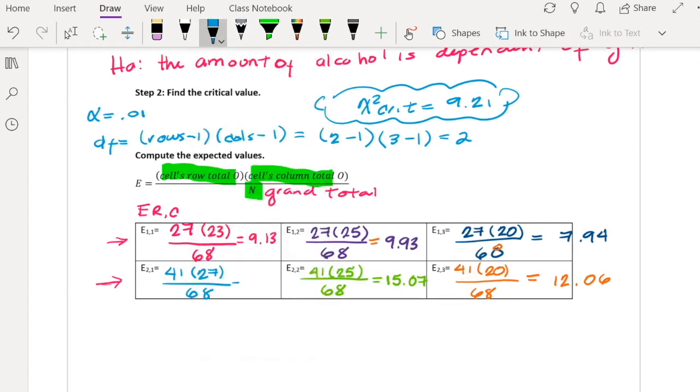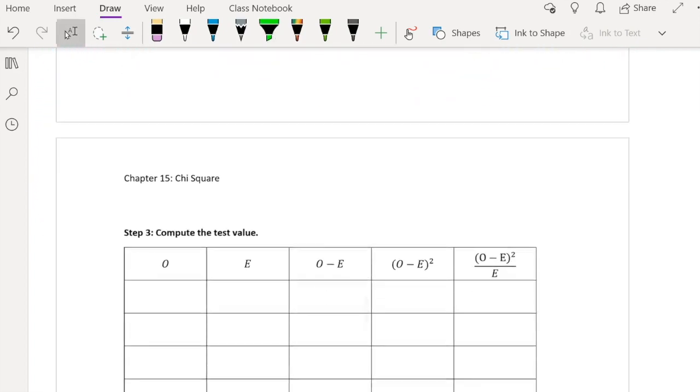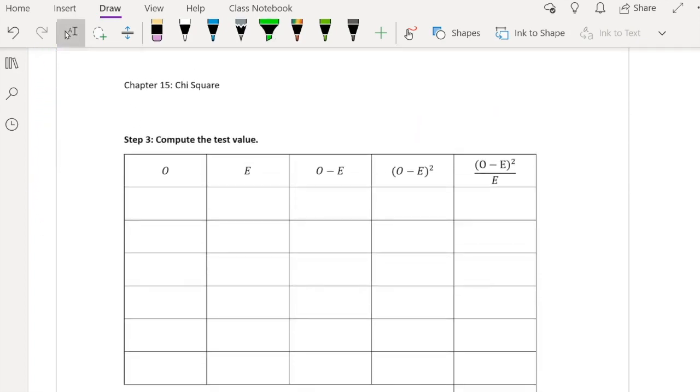And finally 13.87. So that's it. These are my expected values. And it's also right there. So it's not a surprise that what we're looking for is the expected values. This is also a type of contingency table. Okay, so we're going to put our expected values into our E column.